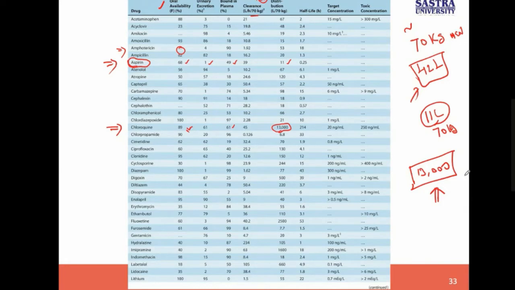Do you think it's possible for a person to have 13,000 liter of water? No, sir. Whatever the concentration, it doesn't matter. If not, why is the value so large for chloroquine? What's the logic?